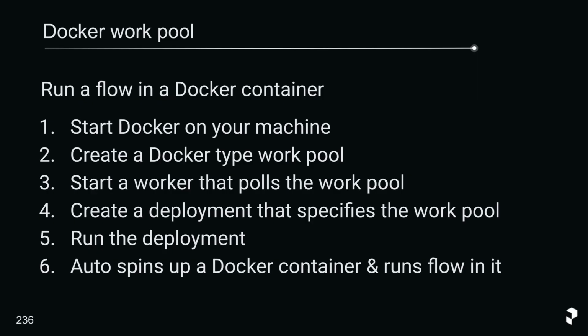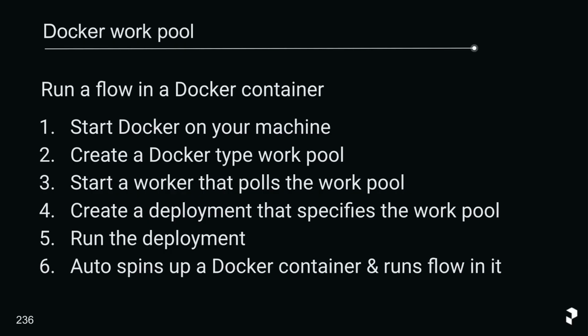Create a Docker type work pool in Prefect Cloud, similarly to how we've been walking through the creation of managed execution work pools and process work pools. You'll go ahead and create a work pool of type Docker through the Prefect Cloud dashboard. Then you will start a Docker worker that polls the corresponding work pool that you've created. And then you will go about creating a deployment that specifies the new Docker work pool.